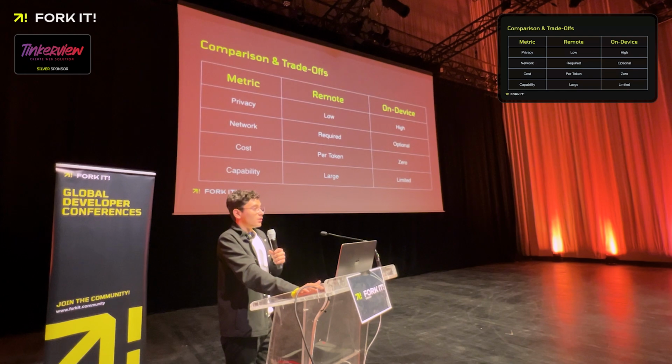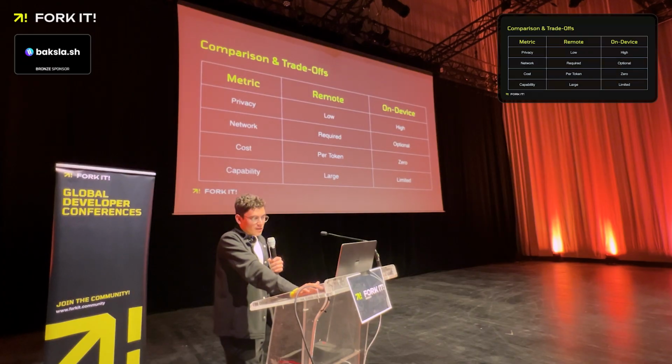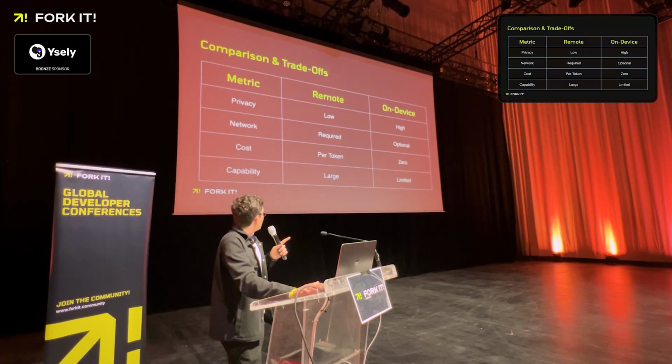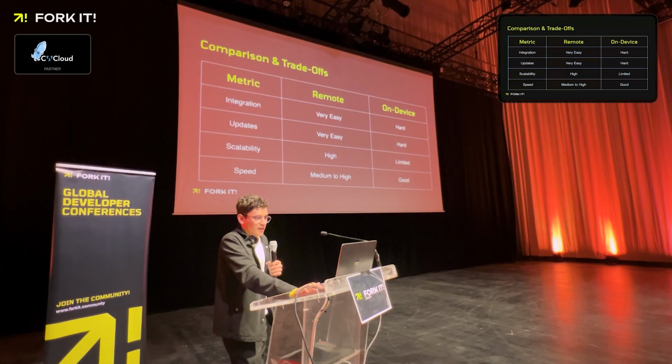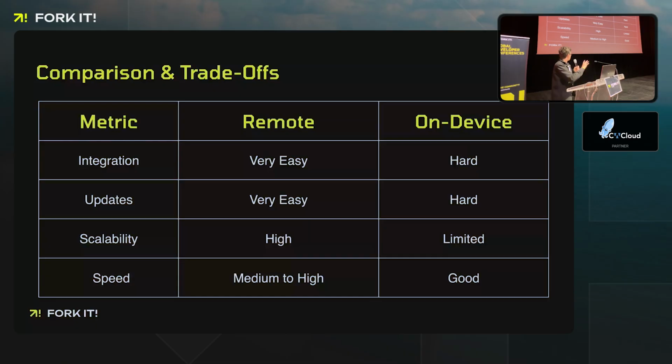For the network, it's required for remote LLMs, but not for on-device. For the cost, with remote LLMs you pay per token, but locally you pay 0, etc. To summarize, remote LLMs are much faster and more up-to-date, but on-device ones are average to good. You cannot rely 100% on them, but they do the job.